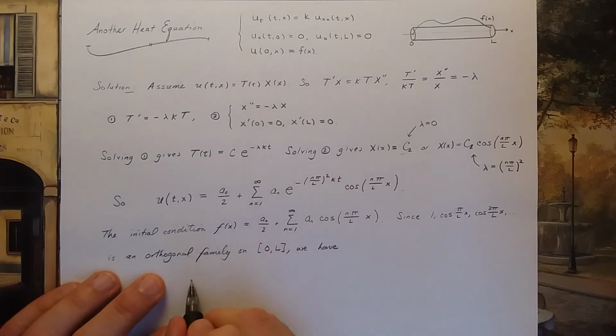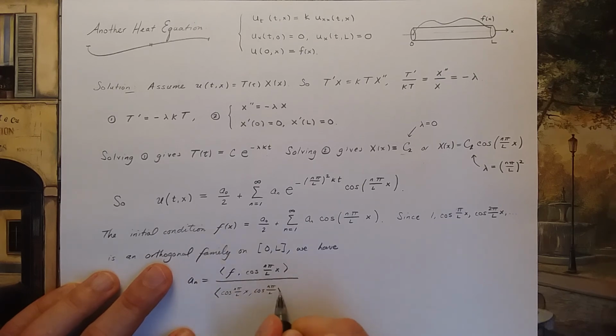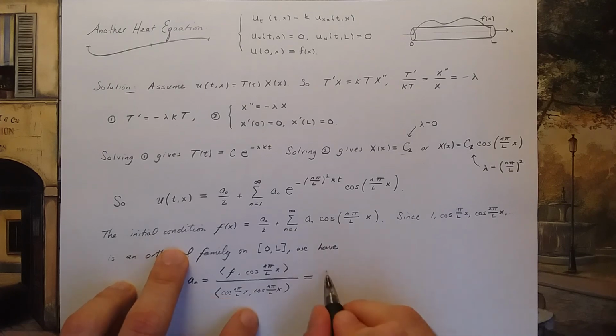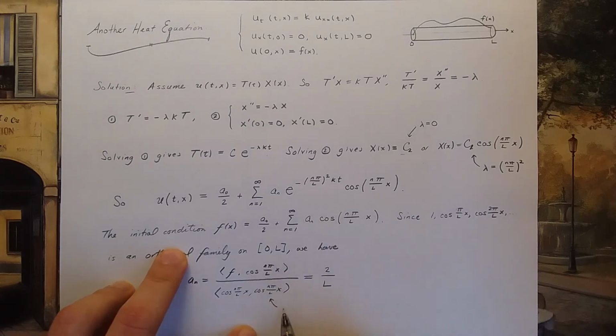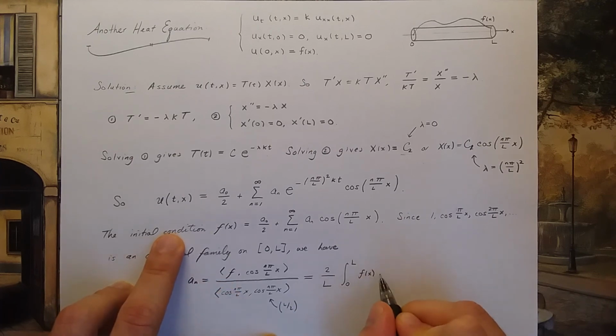The coefficient an is the inner product of the function f with cosine n pi over L x divided by the inner product of cosine with itself, which, if you express in integral form, would be 2 over L, again because this bottom part happens to be L over 2 when you do the integral, times the integral from 0 to L of my function f of x times cosine n pi over L x dx.